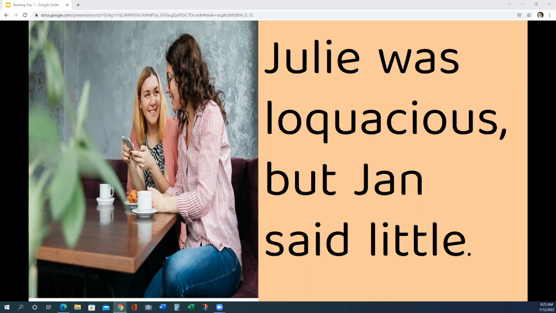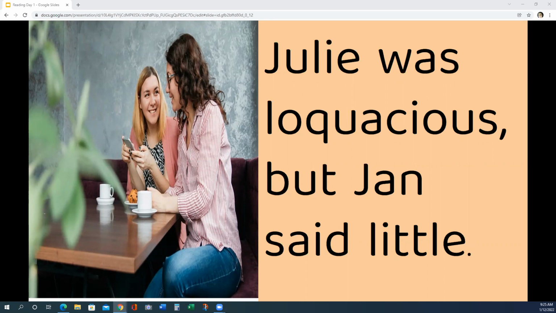So in this sentence, the word but is used as an indicator of an opposite. So if Julie is loquacious, but Jan said little, what might Julie be?